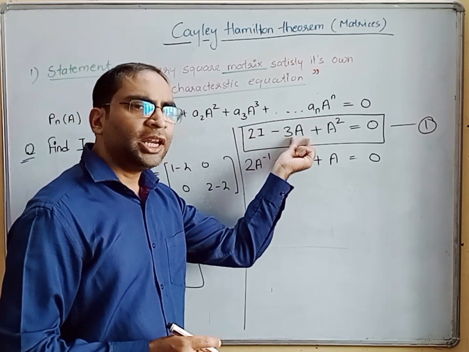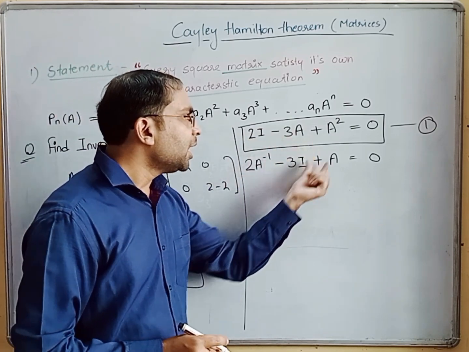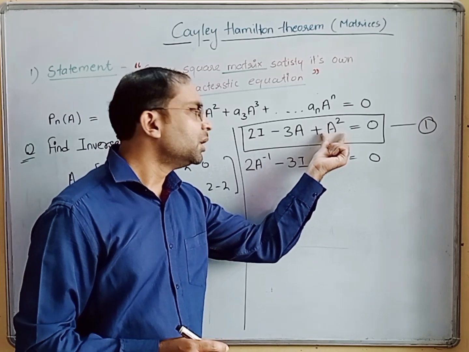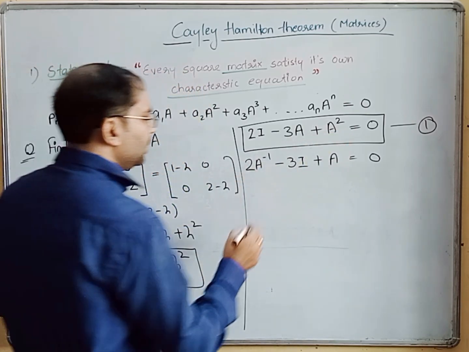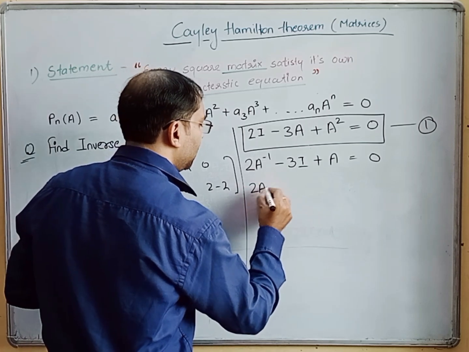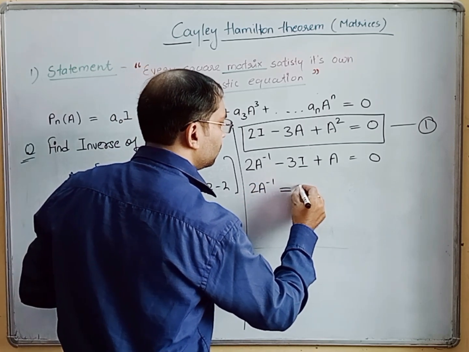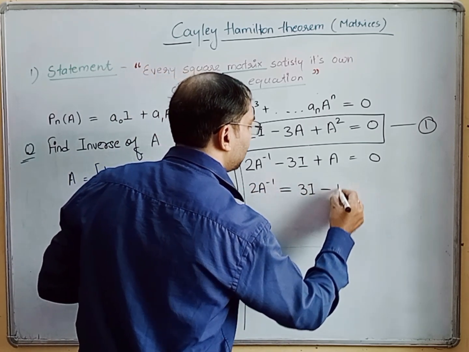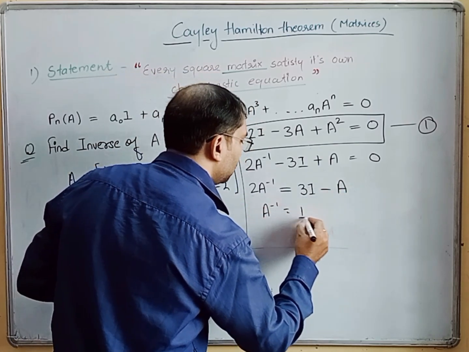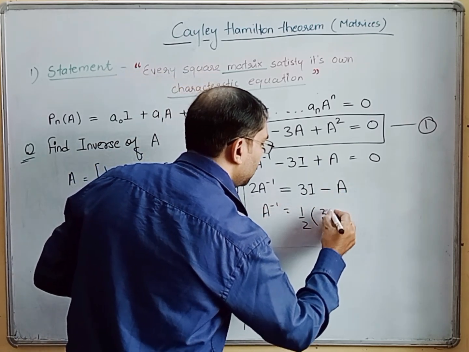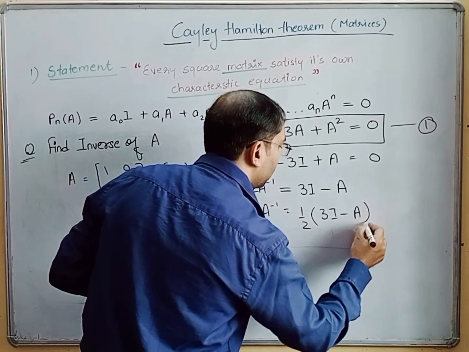We will multiply A with A inverse, it will get I, and if we multiply A square by A inverse, it will result in A only. So from here we can see that twice of A inverse is equal to 3 times of I minus A, from which we can see that A inverse is equal to 1 upon 2 times 3 times of I minus A.